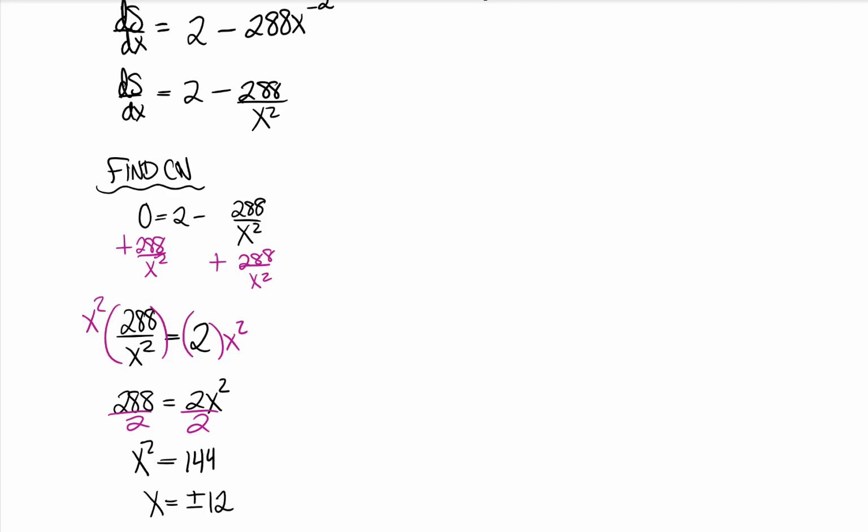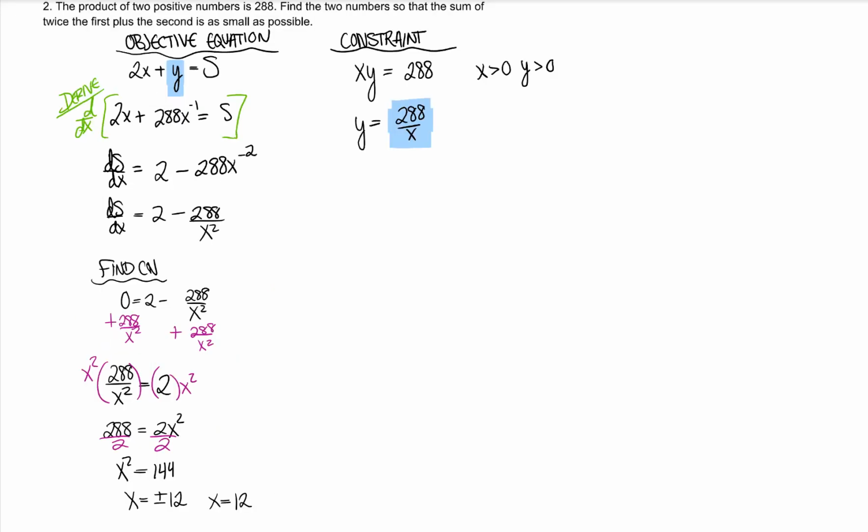And again, negative 12 is not an option, so x has to be 12. The only critical number that is useful to us is x equals 12.